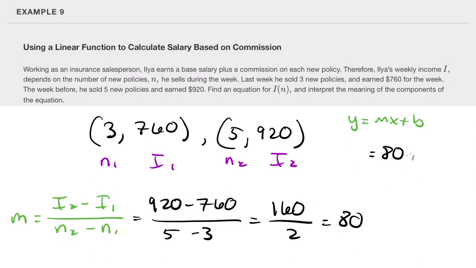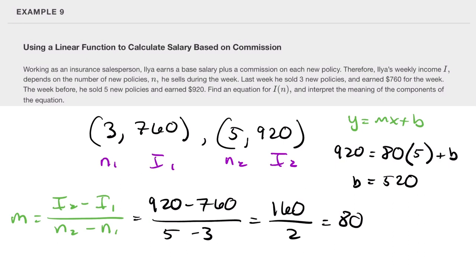We plugged in a slope, right? I'm just going to choose the second one. It looks a little bit easier. So when n is 5, we don't know the y-intercept, but the corresponding y value is 920. 80 times 5 is 400, so then subtract 400, looks like it's 520.